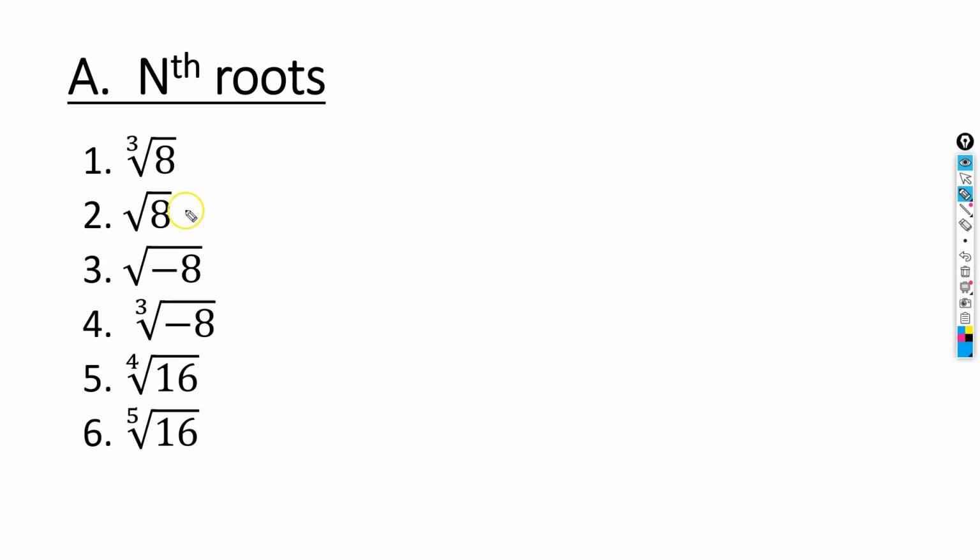Okay. Now let's go back to square roots here for a second. When we were talking about square roots, we had an interesting thing happen. We saw that you can't have a negative on the square root. And the reason for that is because when you're doing a square root, you're looking for a number that is being multiplied by itself twice to make this number.